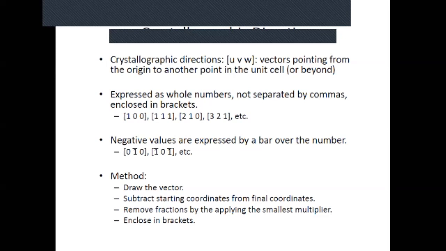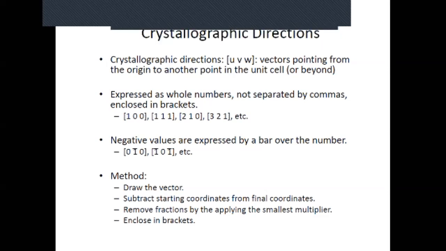And so when we're talking about the directions, we're talking about them as vectors, and we use the coordinates u, v, and w. And so the vector usually points from the origin to another point in the unit cell, or it can go beyond a unit cell. Now, when we're talking about vectors, and this is important, we use them in brackets. So when you see these 3 numbers in brackets, it's referring to a vector.